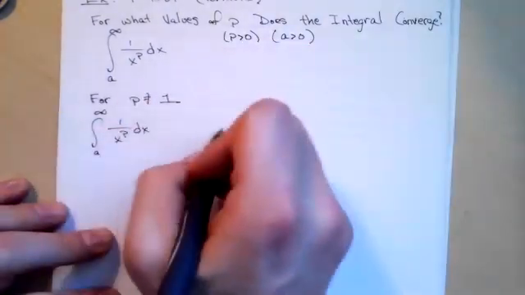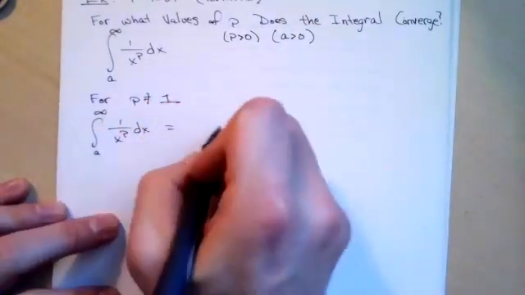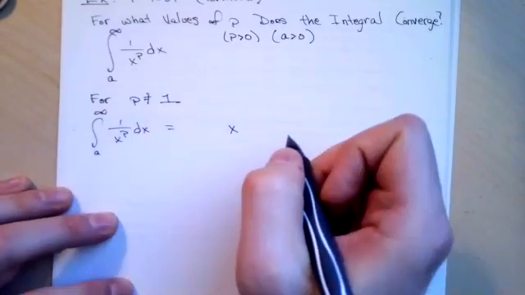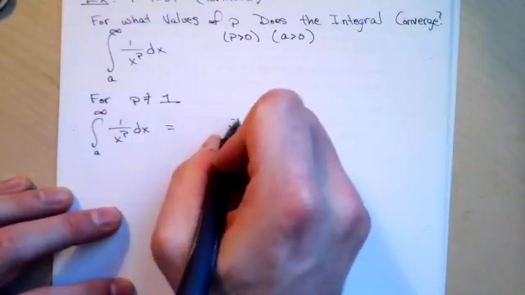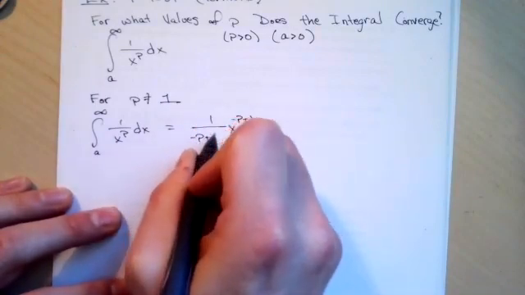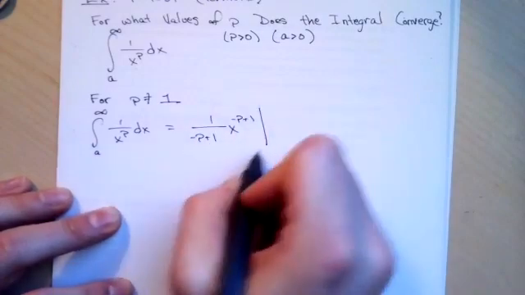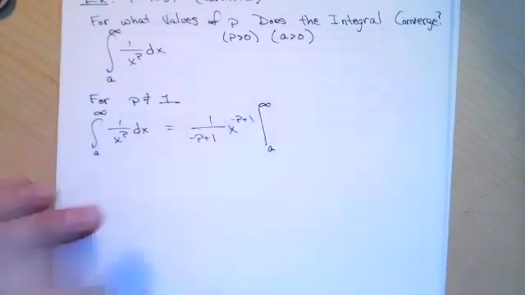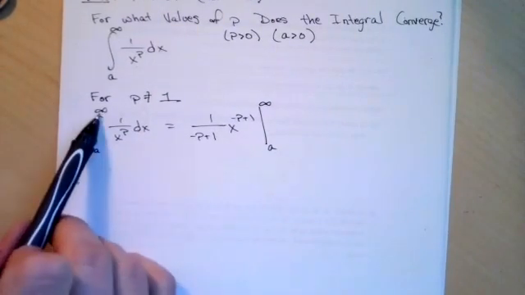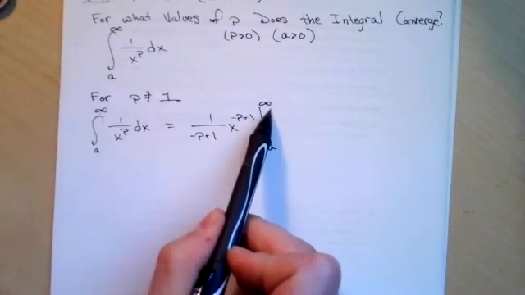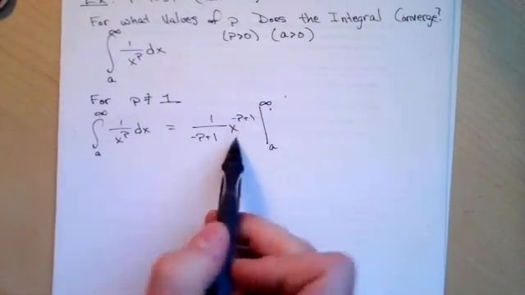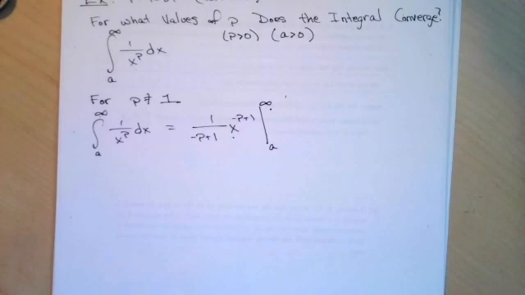When we integrate, x to the minus p becomes x to the minus p plus 1 divided by minus p plus 1, evaluated from a to infinity. If we write infinity here, we understand that plugging it in means taking the limit.